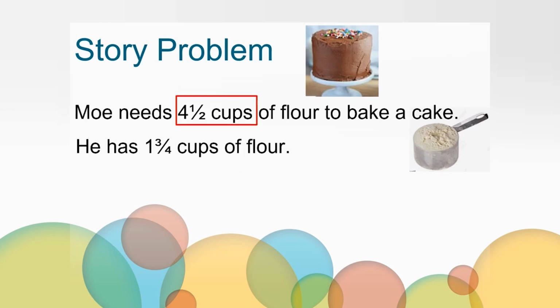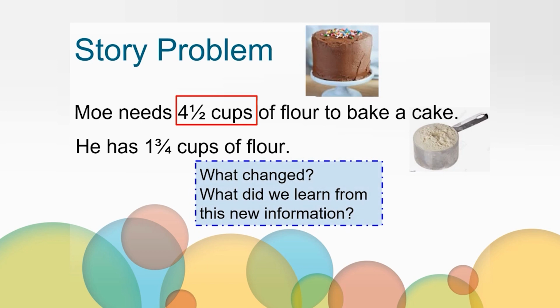Mo needs 4 1/2 cups of flour to bake a cake. He has 1 3/4 cups of flour. What changed in the problem? And what did we learn from this new information? Well, we now know how much flour Mo has. He has 1 3/4 cups of flour.